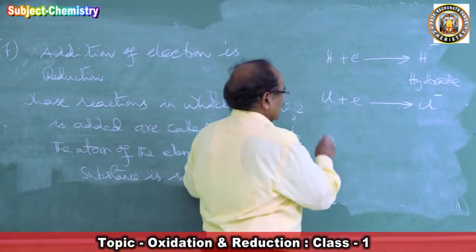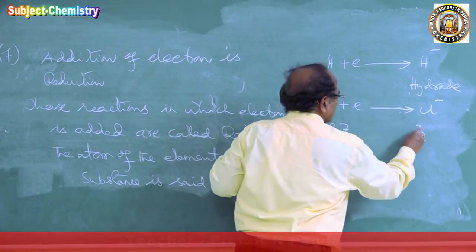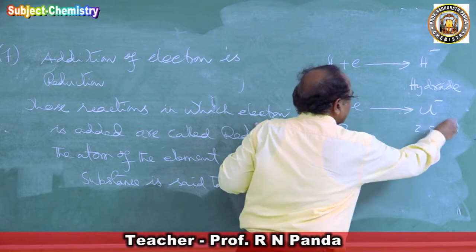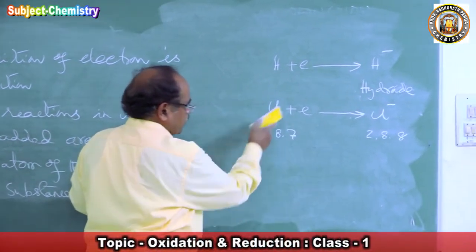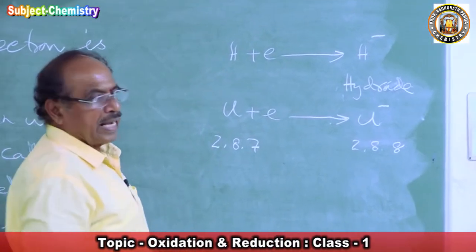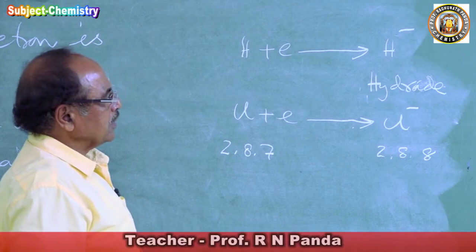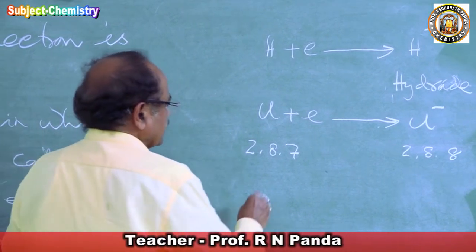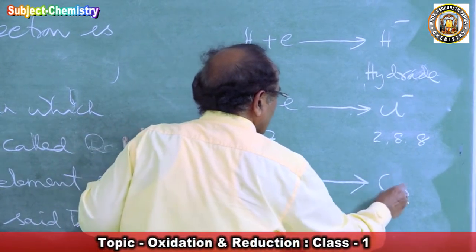So the electron configuration of 2, 8, 7 becomes 2, 8, 8. Chloride is more stable than chlorine, so chlorine has a strong tendency to become chloride. Or we have oxygen. When we add 2 electrons to oxygen, this becomes oxide.